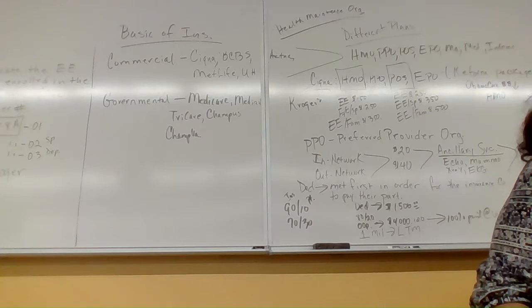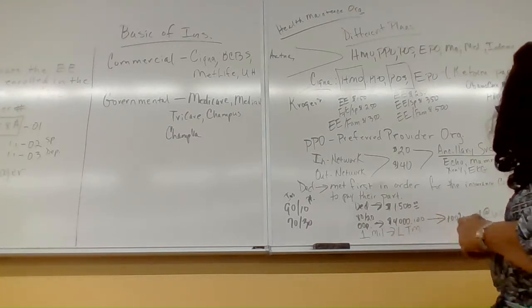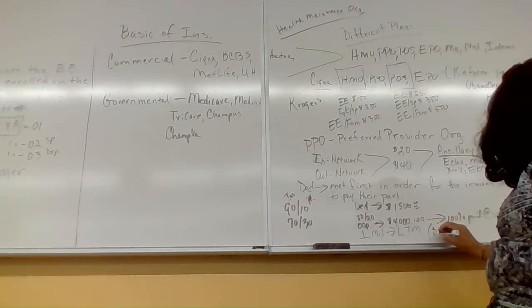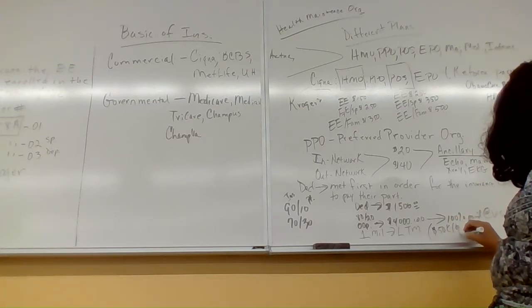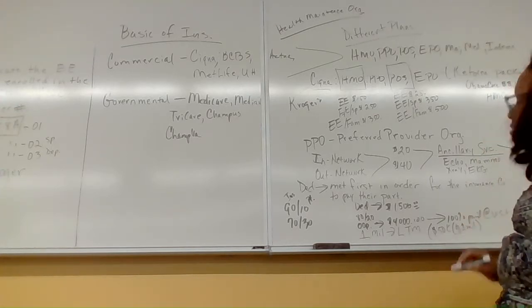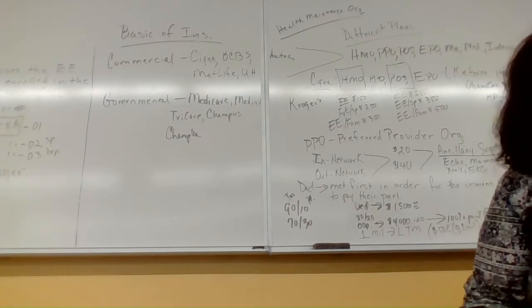My child has to have open heart surgery. So we've already used within this $1 million, let's say, 50,000 of that 1 million. So now it leaves us technically $950,000.